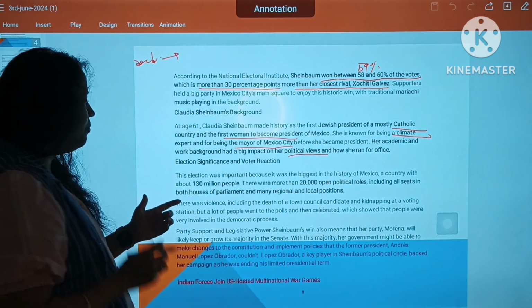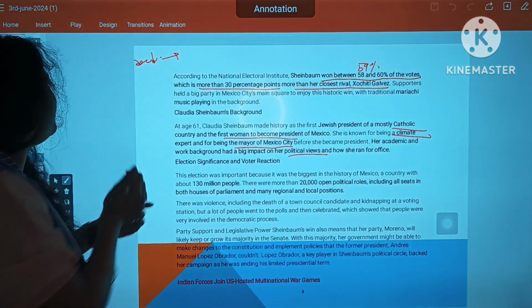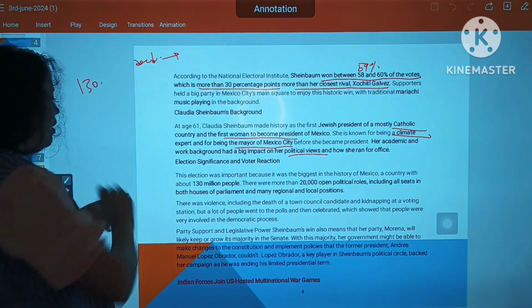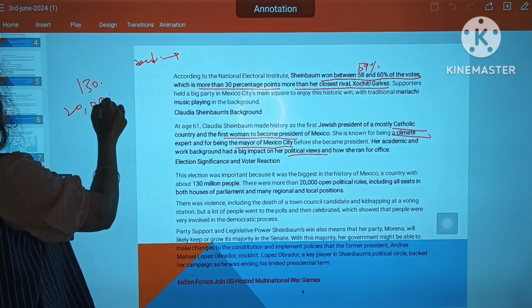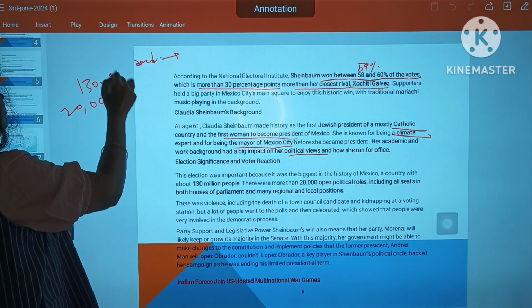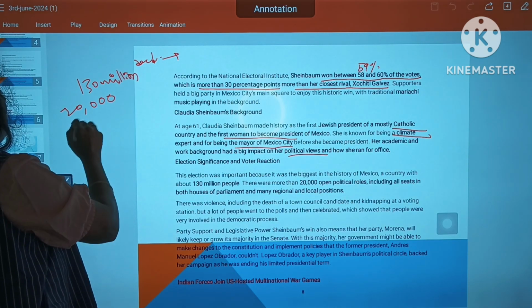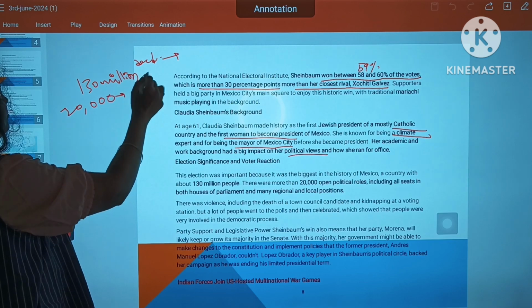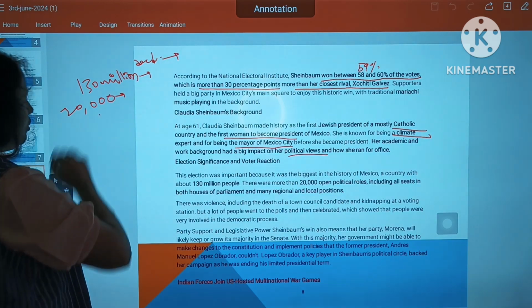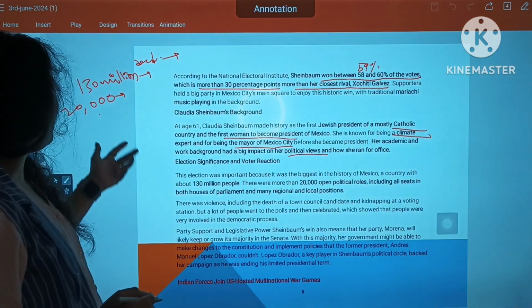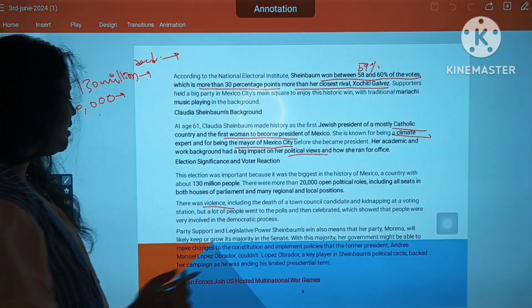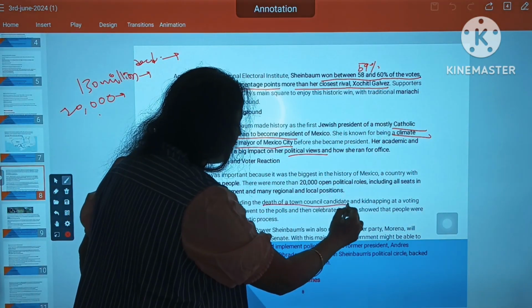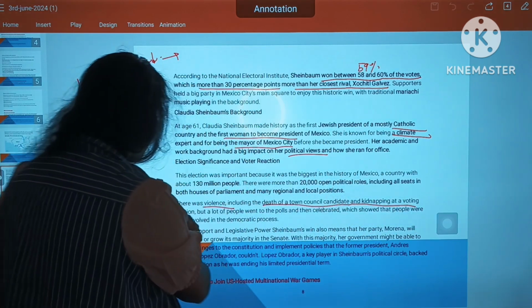Due to her academic background, she has deep political views. Mexico is a country with 130 million people and more than 20,000 political roles. But at the time of the election, there was violence: the death of a town council candidate and a kidnapping at a voting station.